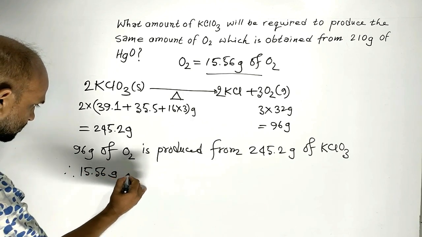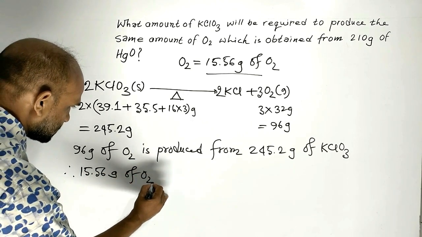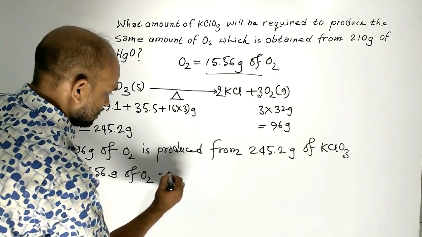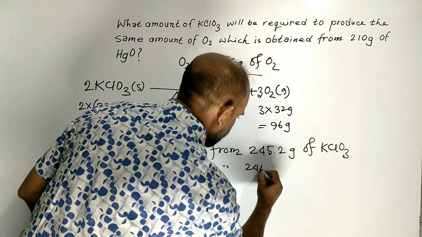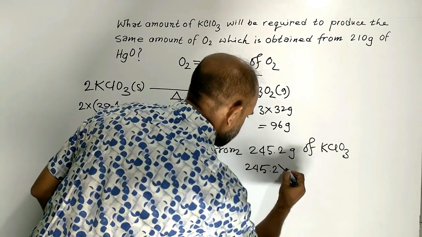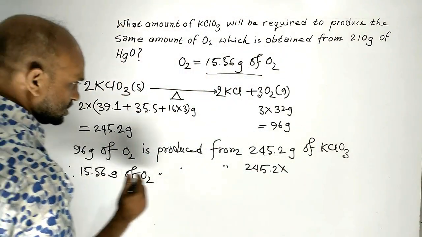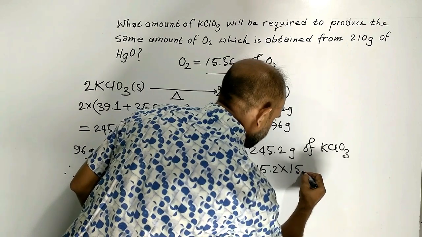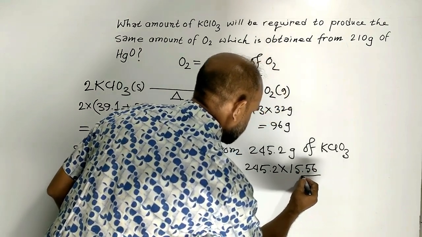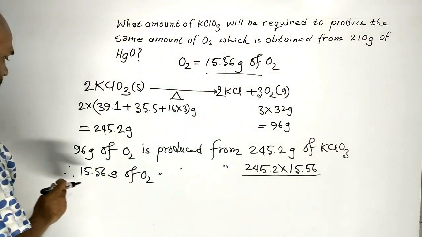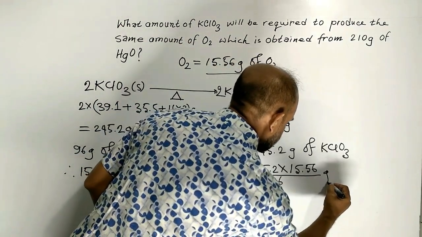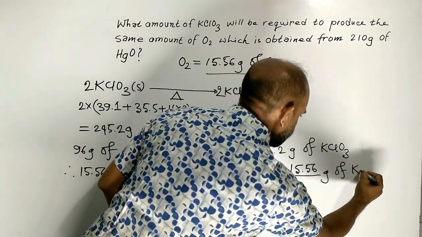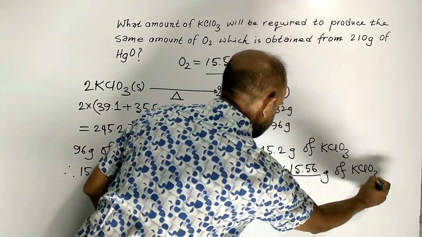Then this amount of oxygen, 15.56 gram of oxygen, is produced from 245.2 times 15.56 divided by 96 gram of potassium chlorate.